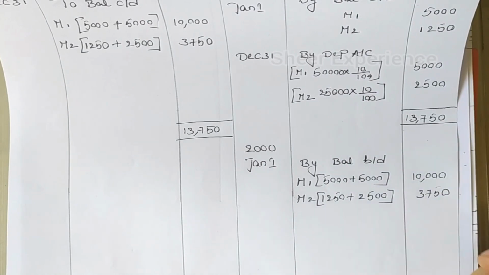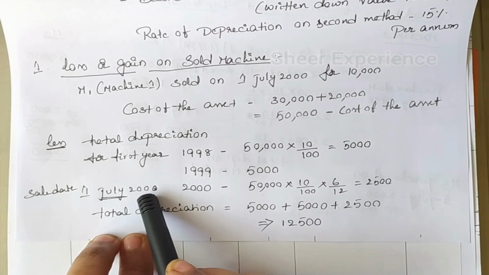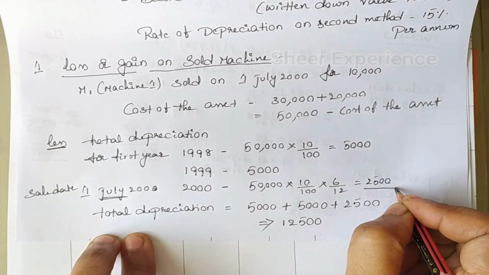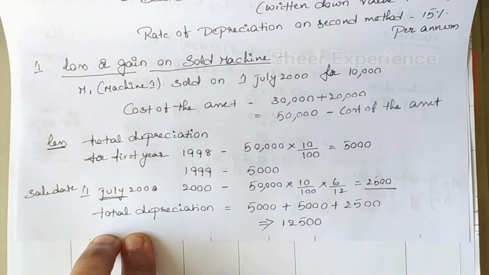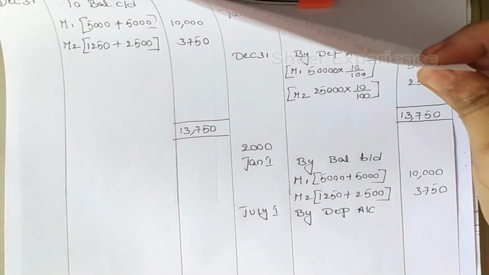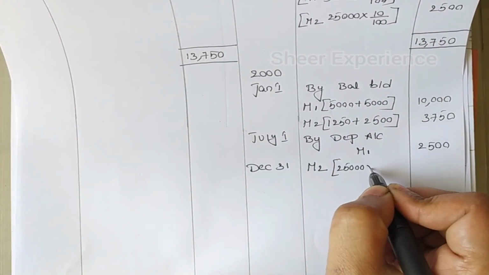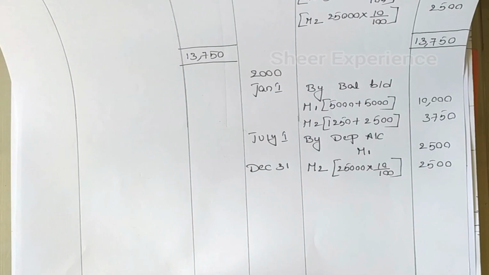As usual, we will charge the depreciation at the end of the year. In this year, we have sold mission 1, that is on July 1st, 2000. So we calculate depreciation only for 6 months. So the depreciation amount is 2,500 for mission 1. For mission 2, depreciation amount is 2,500.